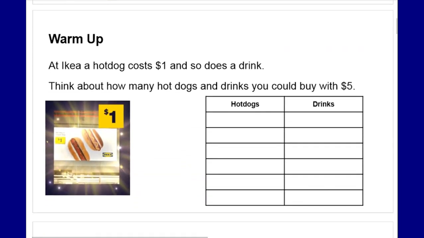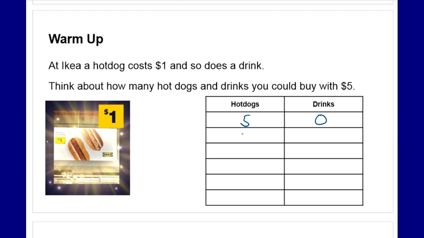So as a bit of a warm-up, at IKEA, a hot dog costs $1 and so does a drink. Think about how many hot dogs and drinks you could buy with $1 or with $5. Right? So if each one costs $1, I could have 5 hot dogs and 0 drinks. I could have it reversed. I could have 0 hot dogs and 5 drinks.